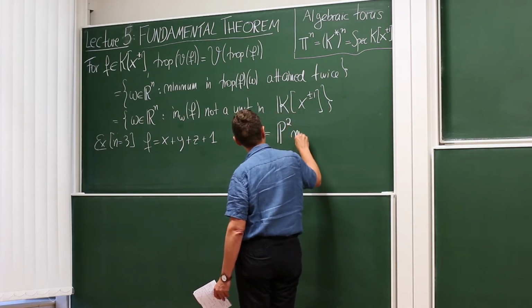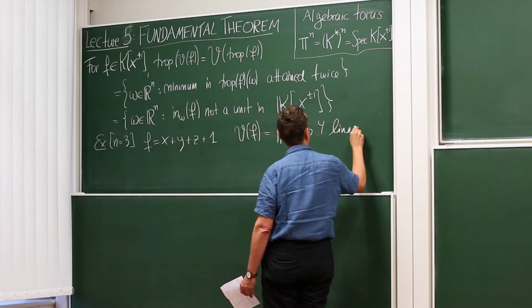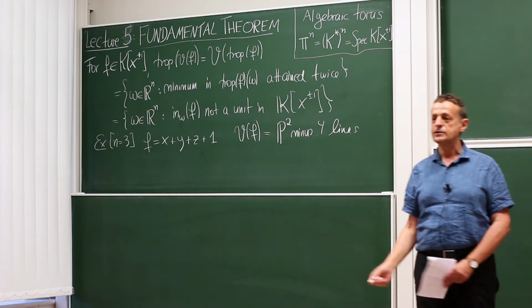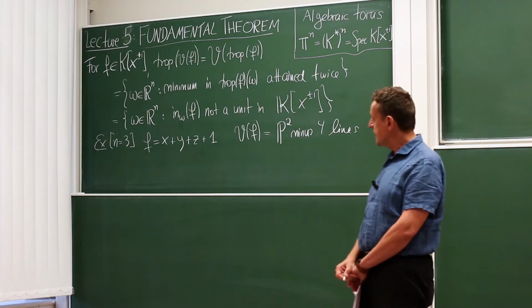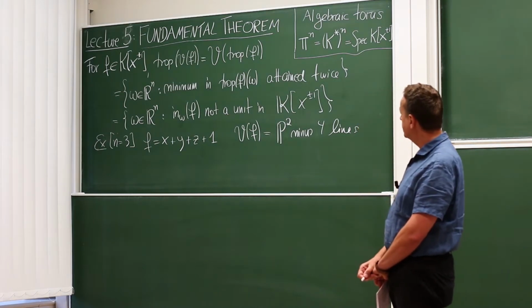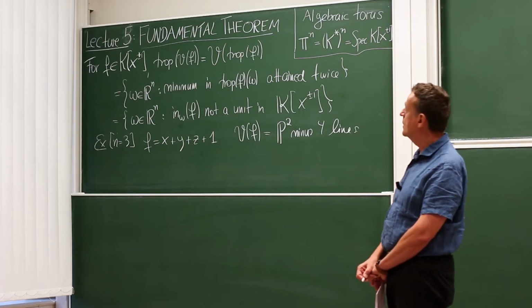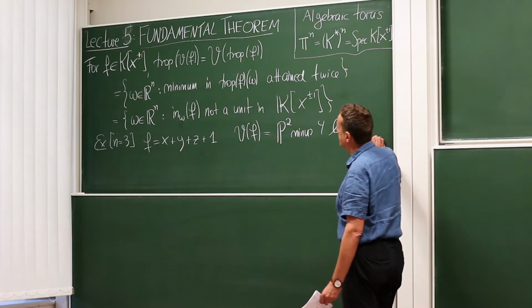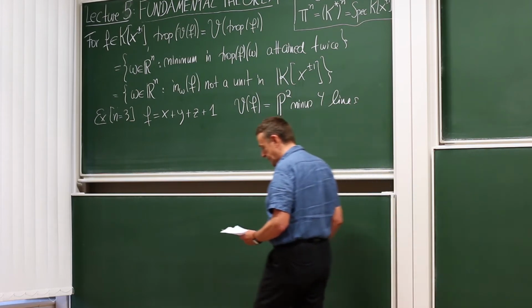This is the projective plane minus 4 lines, right? So really you have to take P2 minus the x-axis, the y-axis, and the z-axis, and also the line at infinity. Okay, so this is really the complement of an arrangement of 4 lines in the plane. That's the classical hypersurface defined by this equation f in T3.